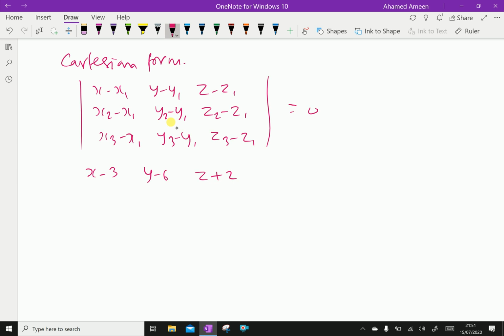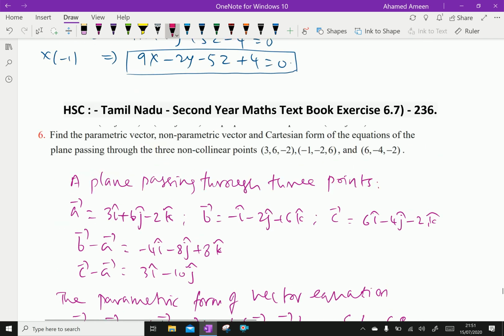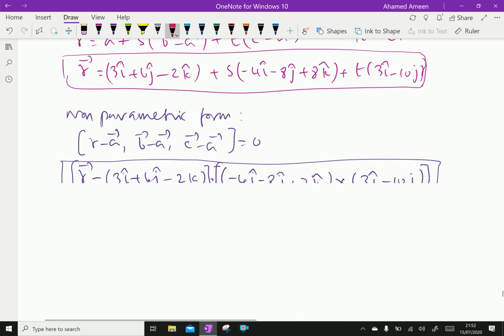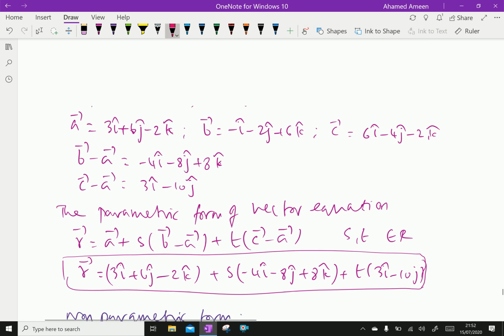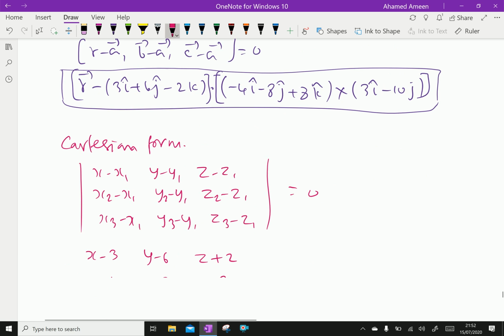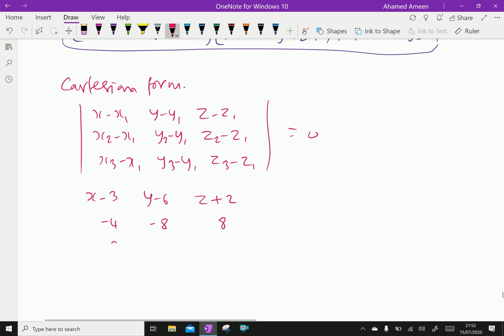Then second point, x2 minus x1, y2 minus y1, z2 minus z1, by calculation we have minus 4, minus 8, 8. Next row is 3, minus 10 and 0.